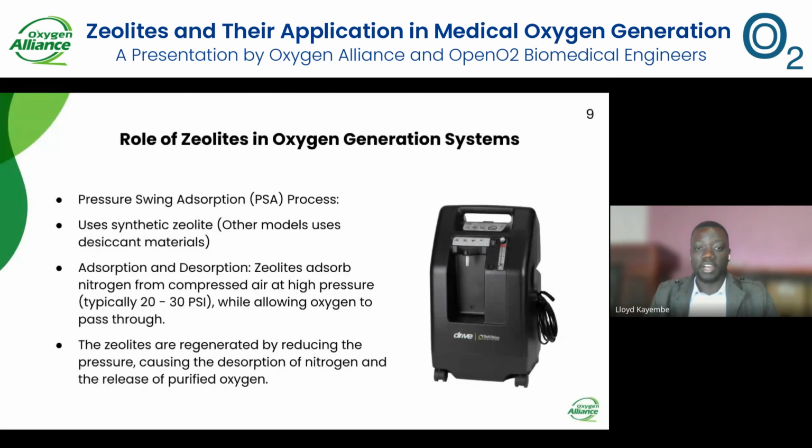Desiccant materials are materials that attract or absorb moisture from the surrounding air to maintain air dryness. During the process of pressurizing the sieve beds, the nitrogen is absorbed, and the zeolite is then regenerated by reducing the pressure, causing the desorption of nitrogen from its surface.